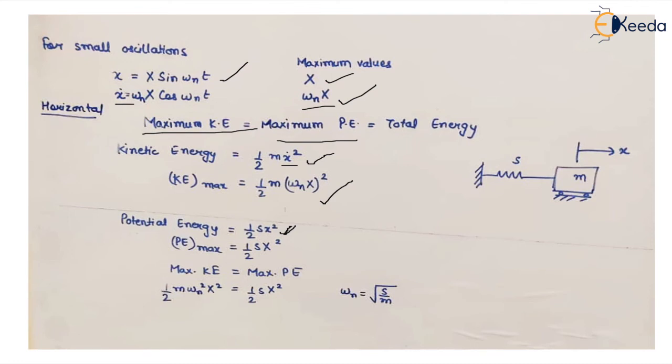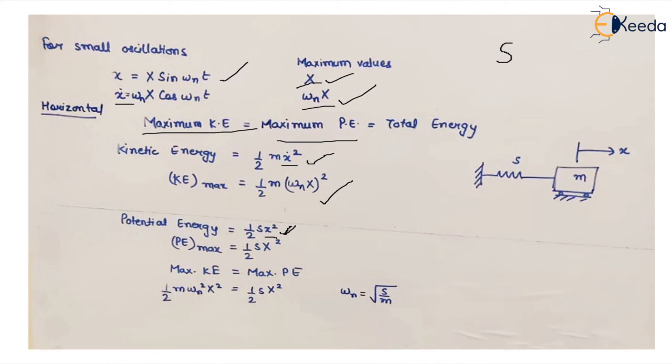That work is equal to the potential energy stored in the spring, which is half into the spring constant or spring stiffness, denoted by s, into displacement squared, x squared. This energy is maximum when the displacement is maximum, which is equal to capital X.